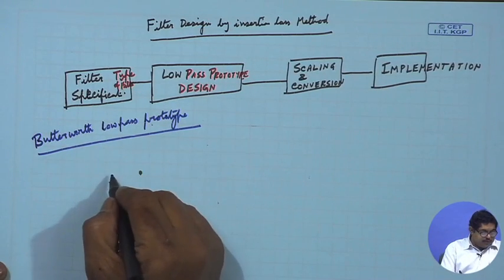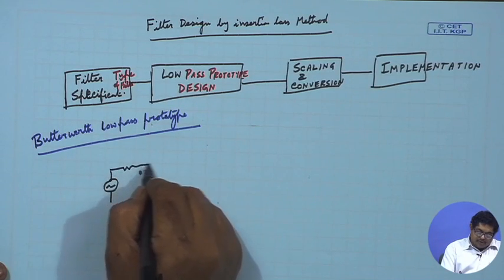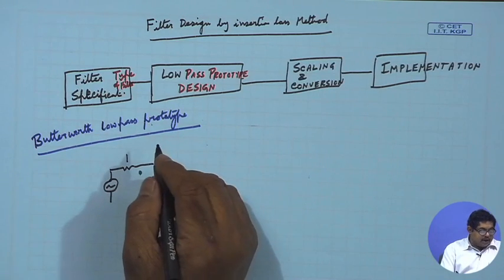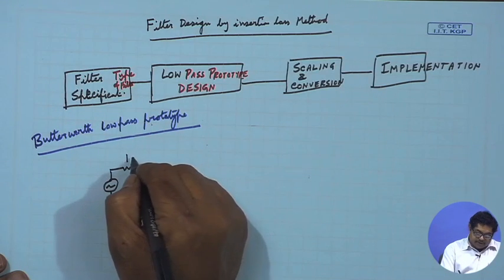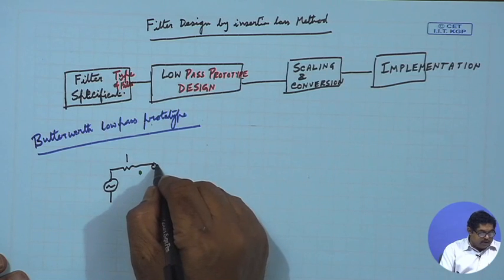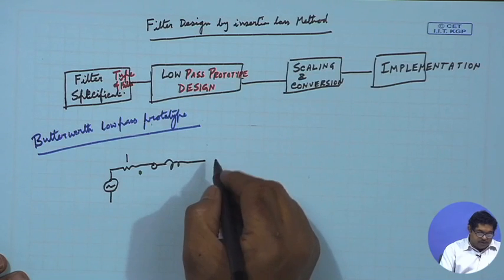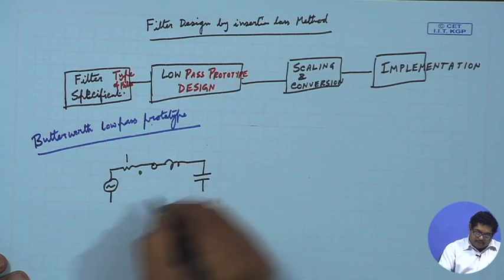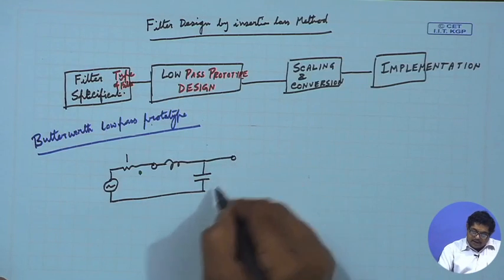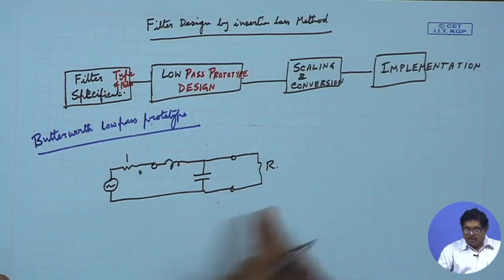Please see that here we have a source, then we have a source resistance that we assume to be always 1, then an LC circuit, and then we terminate it with a resistance load.